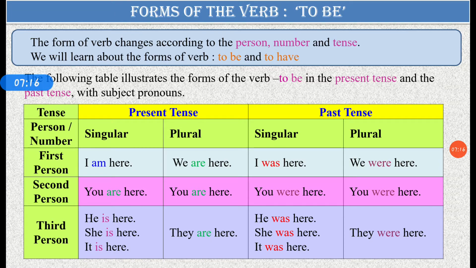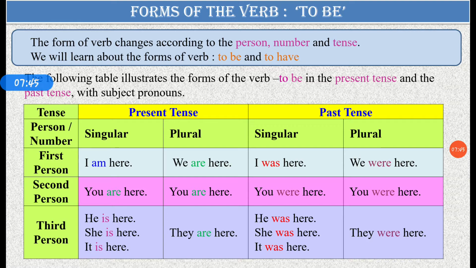If we talk about the third person, he, she or it, and singular nouns, we use he is, she is or it is, or they are. They is the plural form. So in the plural form of present tense we use they are here.